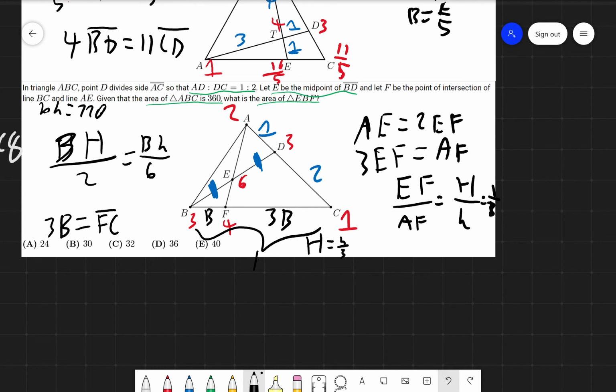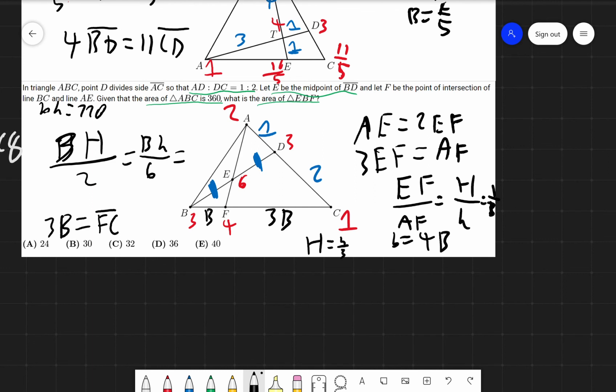That means that the whole base of ABC, which is lowercase b, is equal to 4 times capital B. So capital B equals lowercase b over 4.